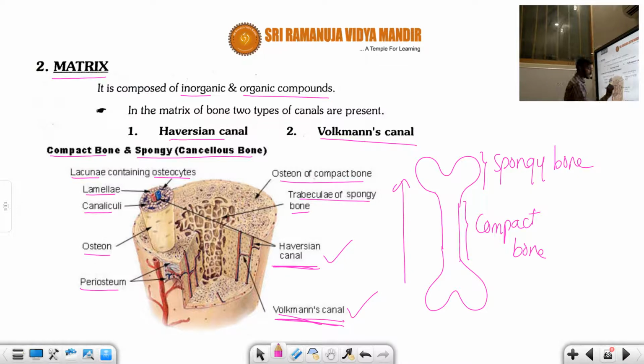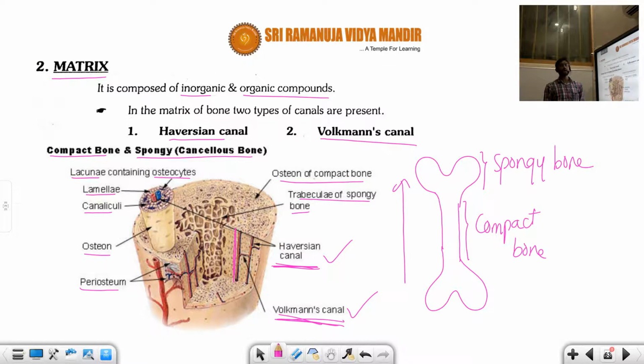The bone is very long, and here also it is arranged in a long, parallel manner. So the Haversian canal represents the longitudinal part of the bone, parallel to the long bone structure.